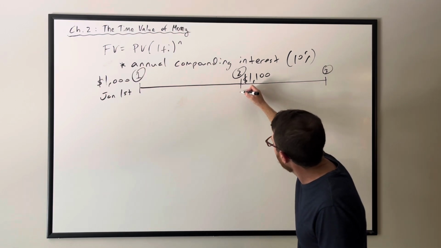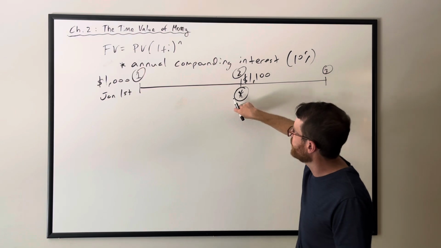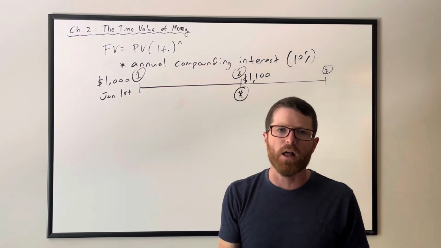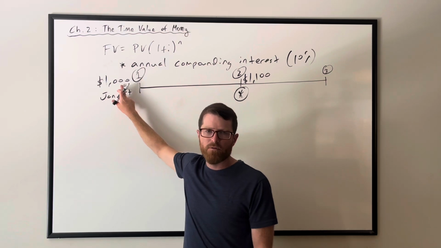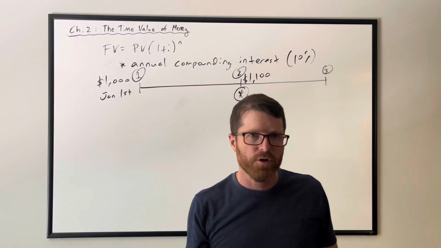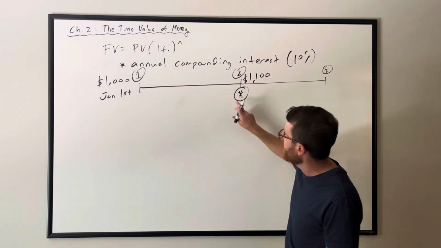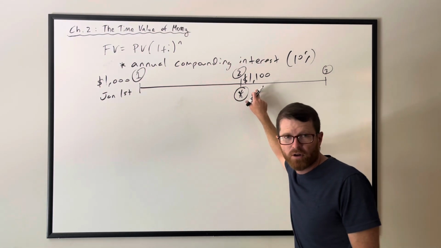Now, when we hit this point right here, 1 year with annual compounding interest, we will restart the interest clock. So during the first year, the $1,000 that you invested will be the determinant of how your money will grow during that first year. But after 1 year is up, the people running your account will look at it and say, okay, this person has $1,100.